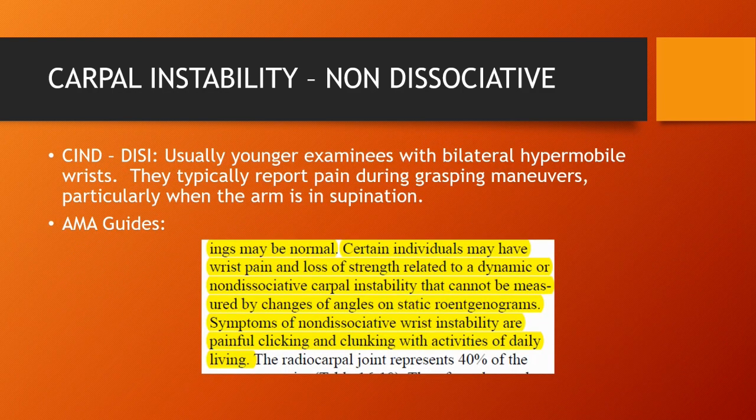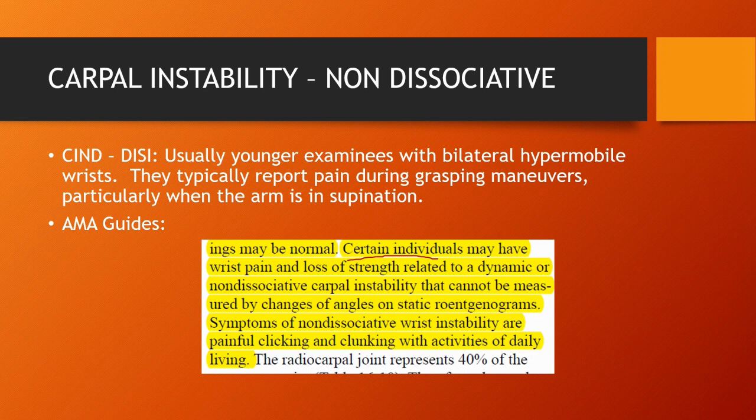Now, the AMA Guides tell us that certain individuals may have wrist pain and loss of strength related to a dynamic or non-dissociative carpal instability that cannot be measured by changes of angles on static roentgenograms. So we went over a couple of the angle findings for both the VISI and the DISI deformities that can be measured.